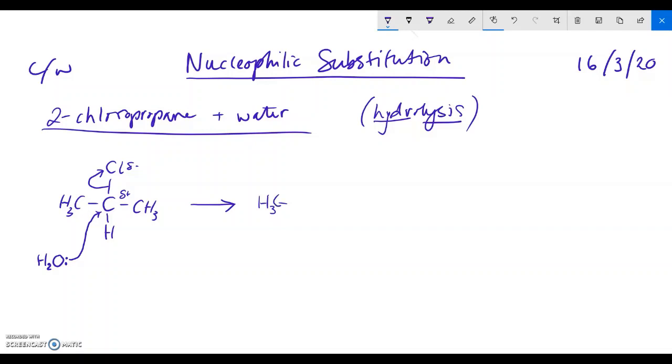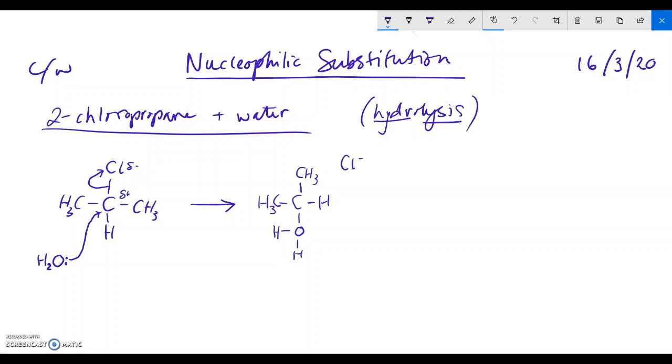Don't forget that carbon. So H and our CH3 has been shifted around, and now we have the OH2 bonded on like this, and we've got our Cl minus.